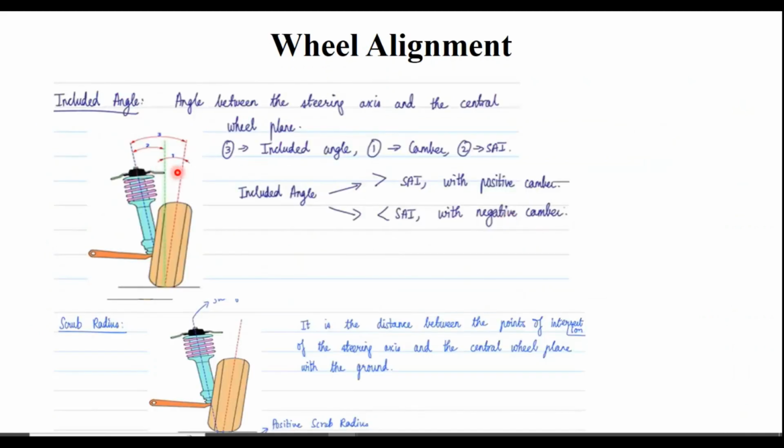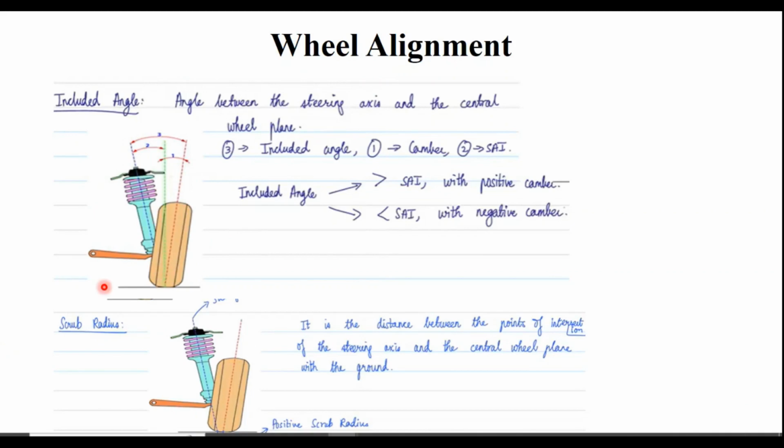When this shifts here, this also shifts here, and as a result the camber becomes positive. And when you have a lesser SAI, this reduces, and similarly the center plane and the vertical direction move towards this side, which means you have a negative camber.